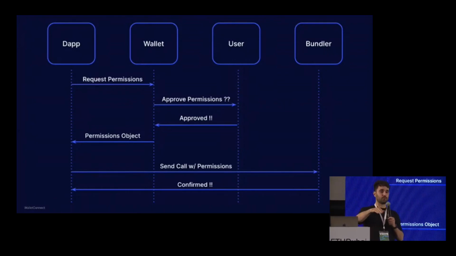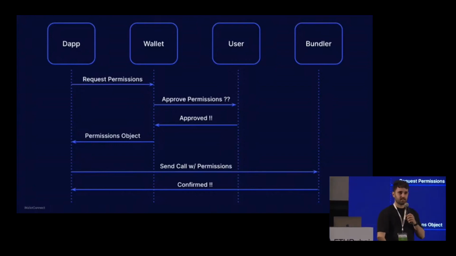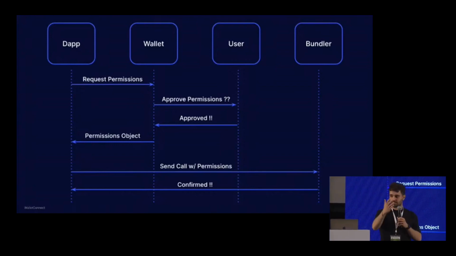You no longer need to go to the wallet to talk to the paymaster or the signer, because the dApp becomes a signer itself as a session key, and it knows how to fulfill the paymaster data to subsidize that transaction. It just sends a call using 5792 with the permissions given in the permissions object, and then the bundler will validate all of that, say confirmed, and then you can just move on.